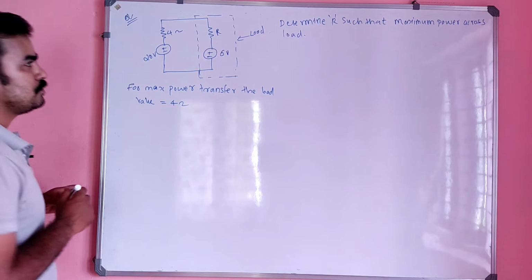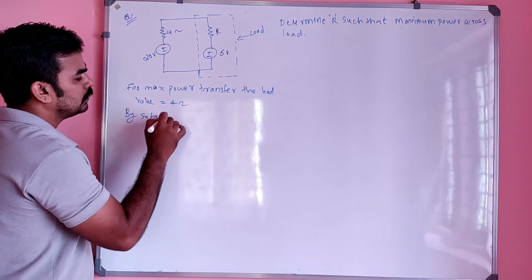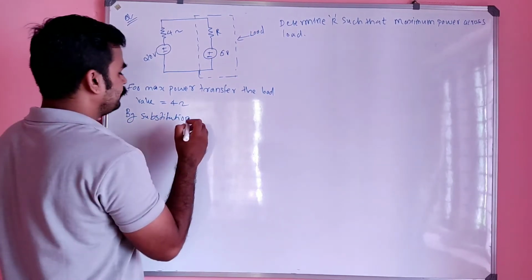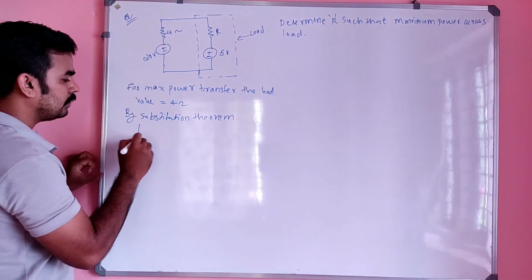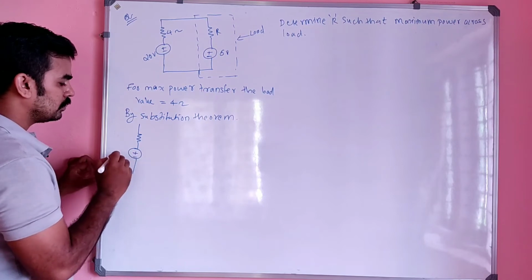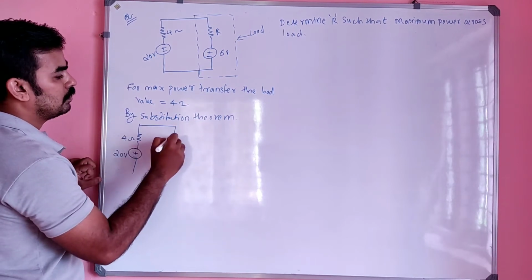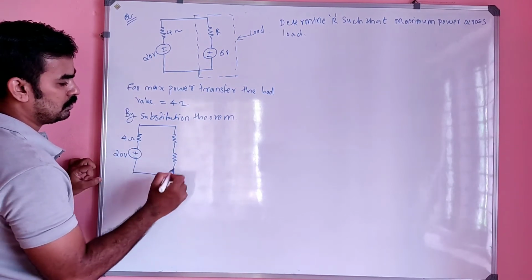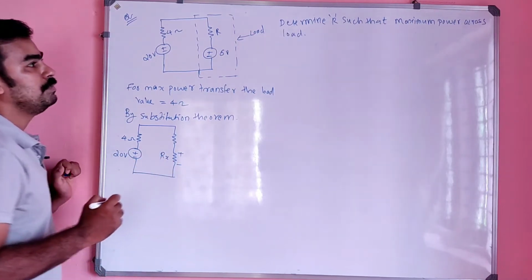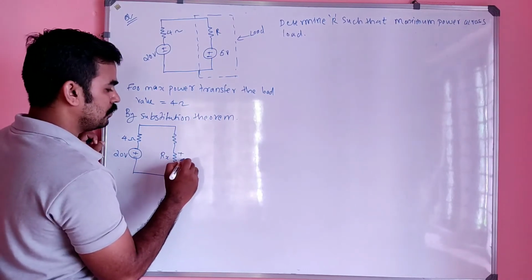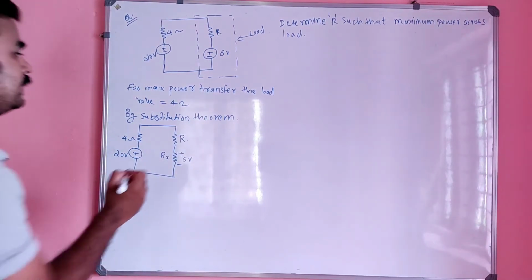By the substitution theorem, the circuit will be modified, with Rx, 6 volt, and R. So we have to find the value of R only.